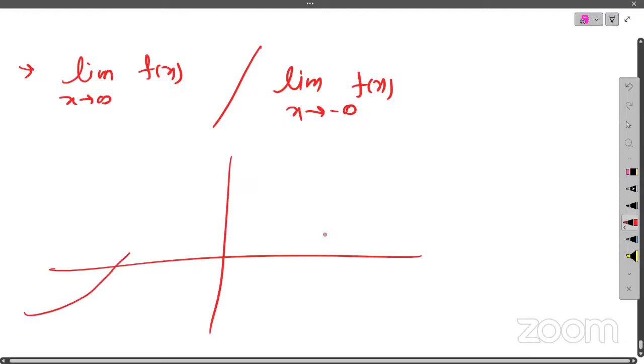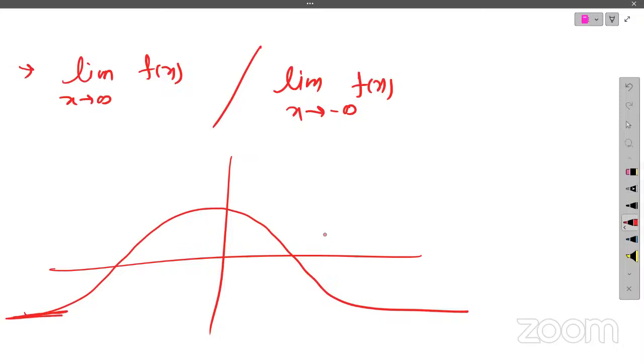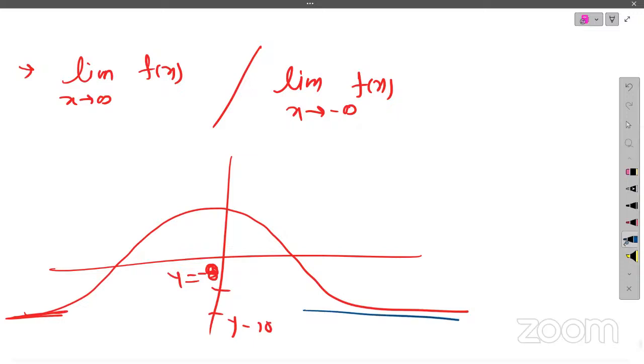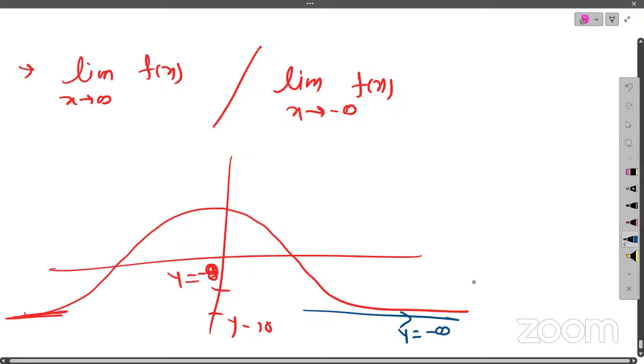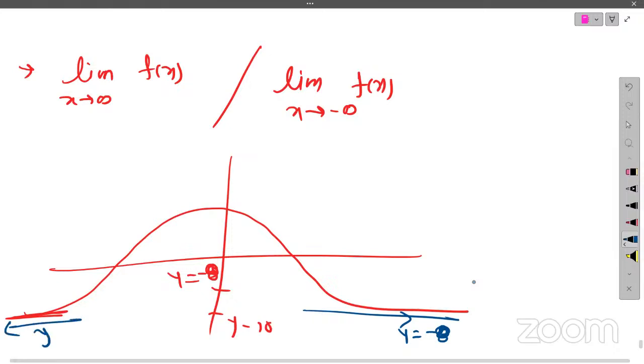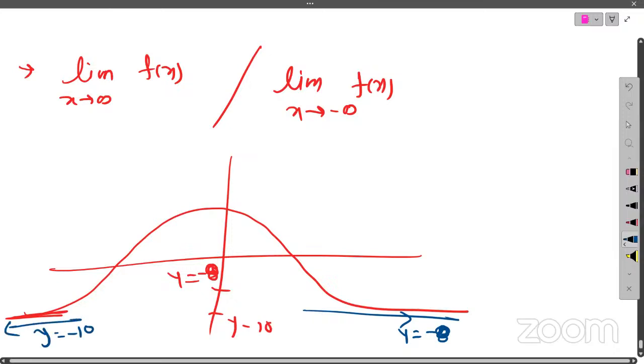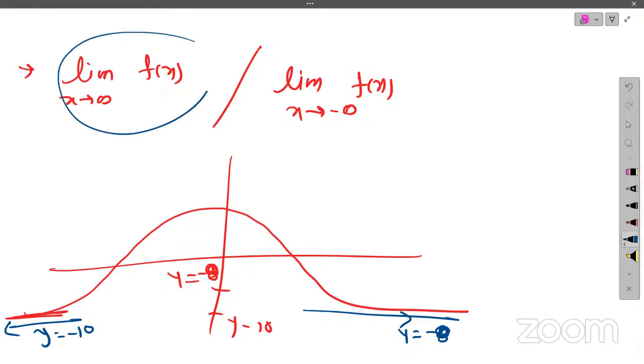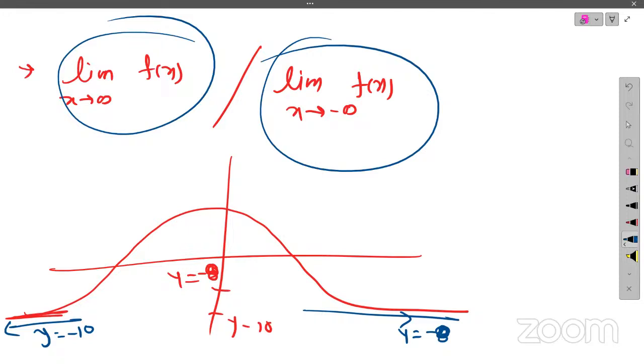For example, suppose I have this kind of function, with y = -10 and y = -8. Then we have the line y = -8 as an asymptote, and the line y = -10 as an asymptote. So whenever someone asks you to find the asymptote, you just have to find these two limits, and whatever values come out, those two lines will be our asymptotes.